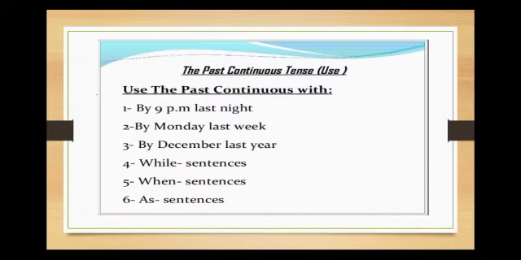Now, children, here is a list of some time phrases which we normally use in this past continuous tense. For example, the first one is by 9 p.m. last night. If you want to talk about that specific time in the past, then you use this tense.